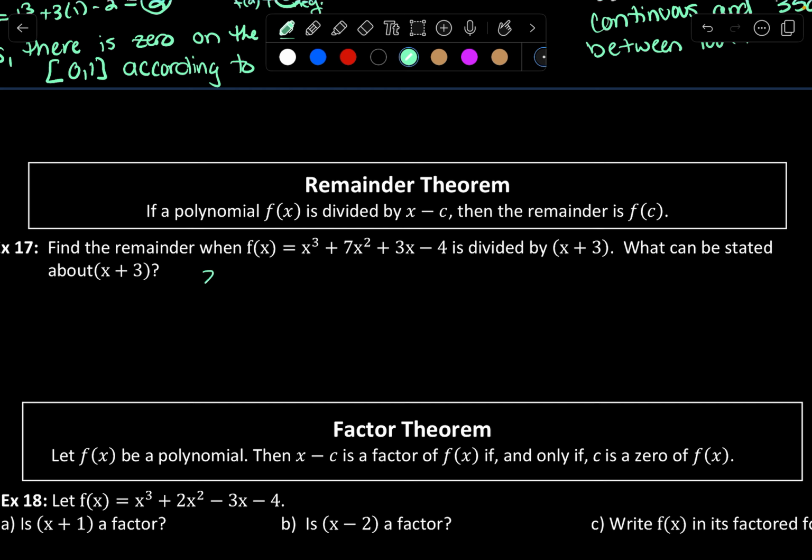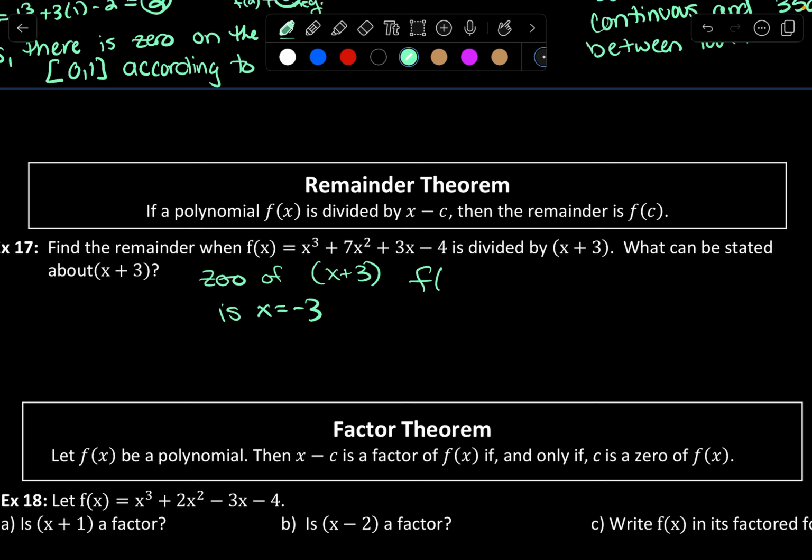So we want to use the 0 of x plus 3. Because if you notice up here, it's minus, so that means you use the opposite, okay? So the opposite is x equals negative 3, or the negation. So that means we'll plug in negative 3 into the function.